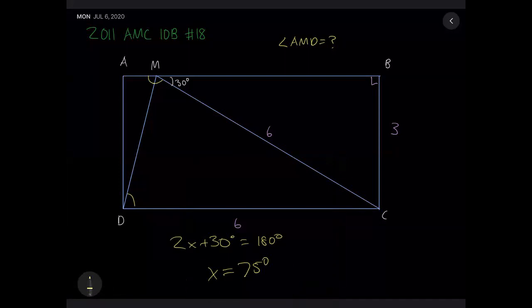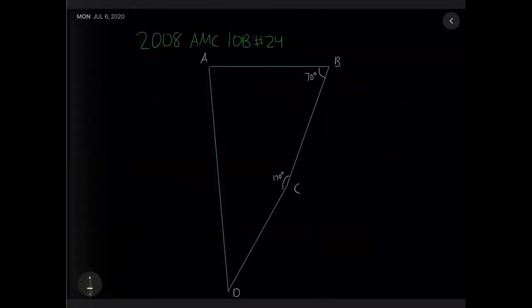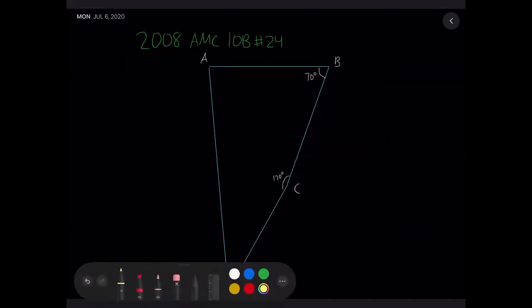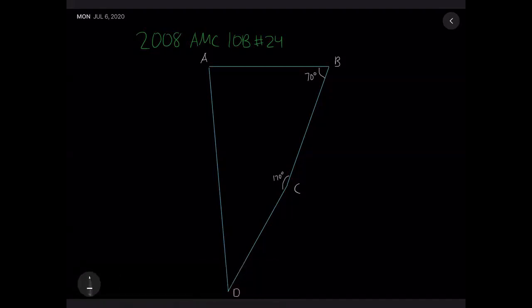Next problem is problem number 24. So this is significantly harder. The information that we're given is that we have a quadrilateral ABCD. AB is congruent to BC, and this is equal to CD.